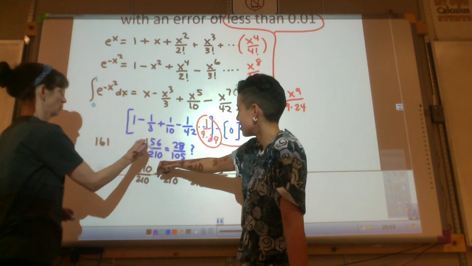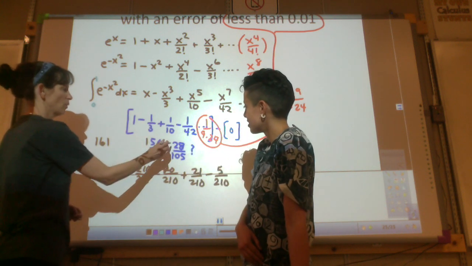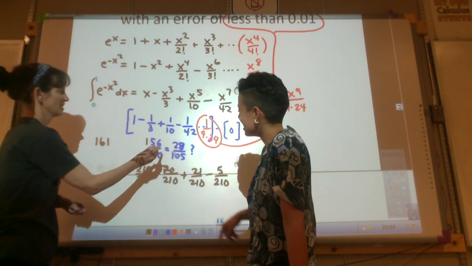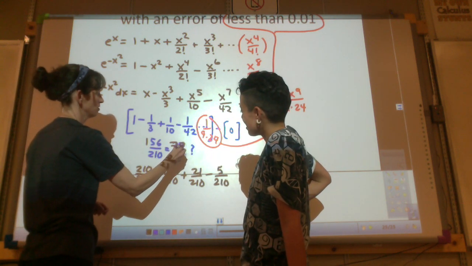I just lost a 1. So half of 156 is 78. Oh, it's 78 out of 105. Oh, that's way closer.